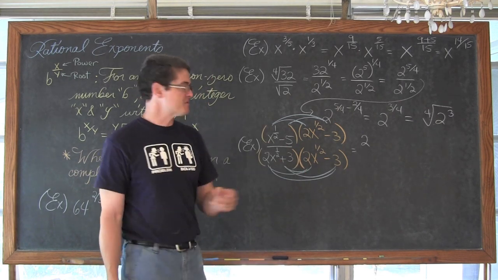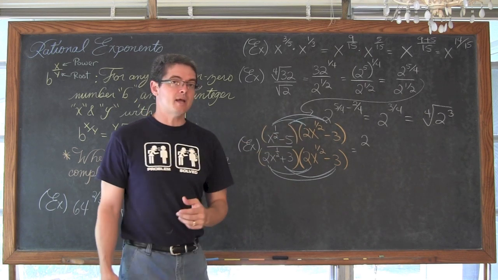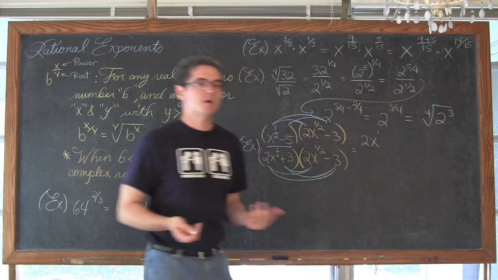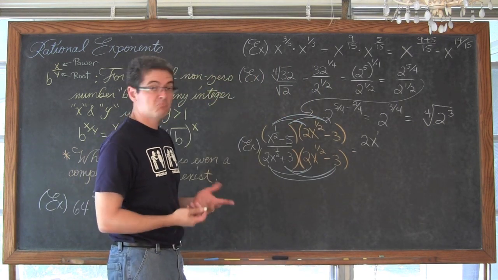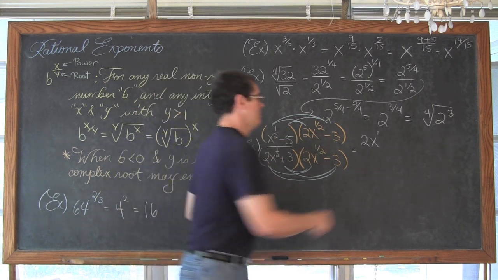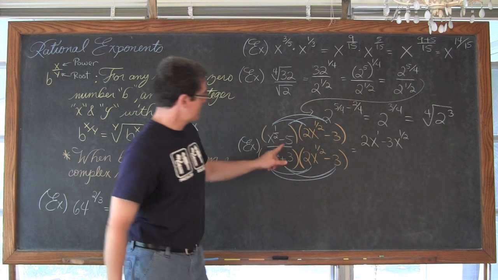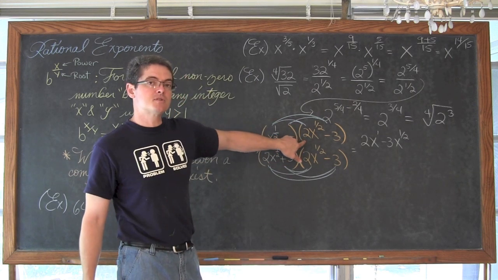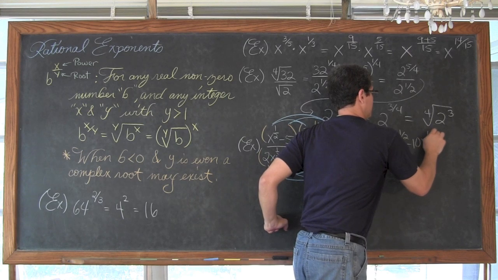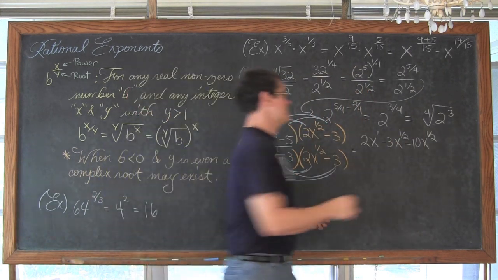Well, that square comes from adding the exponents of 1. So 1/2 plus 1/2 is just 1. So we're going to have 2x to the first power. And then x to the 1/2 power times negative 3 is minus 3x to the 1/2 power. And then going to the next term, negative 5 times 2 is negative 10x to the 1/2 power. And negative 5 times negative 3 is positive 15.